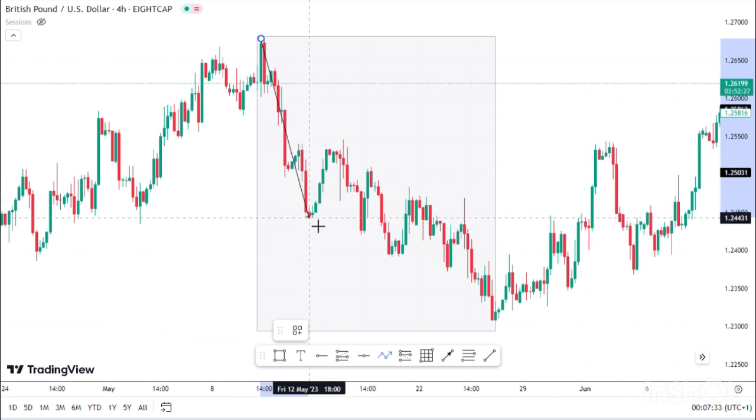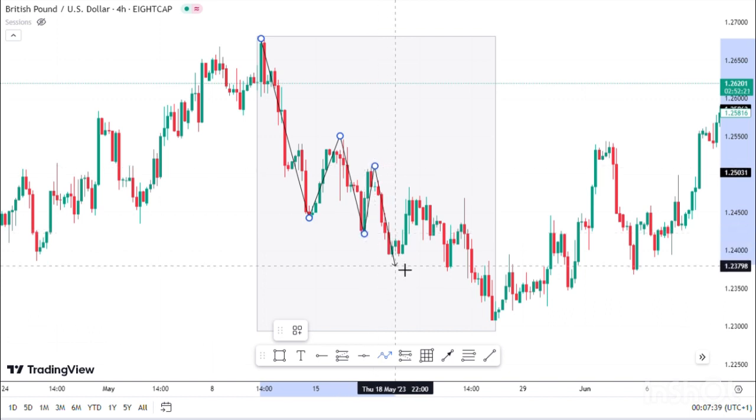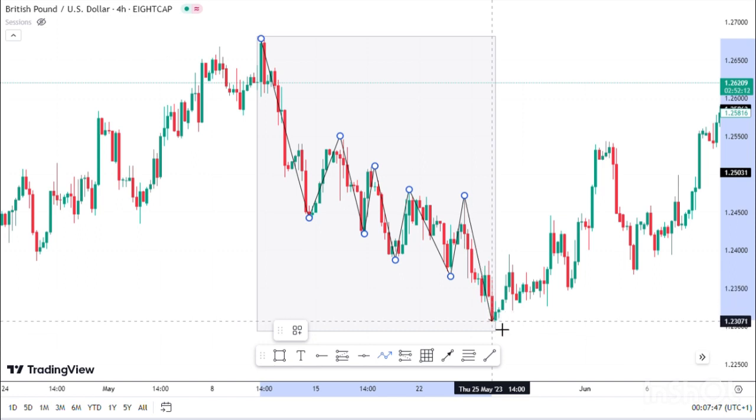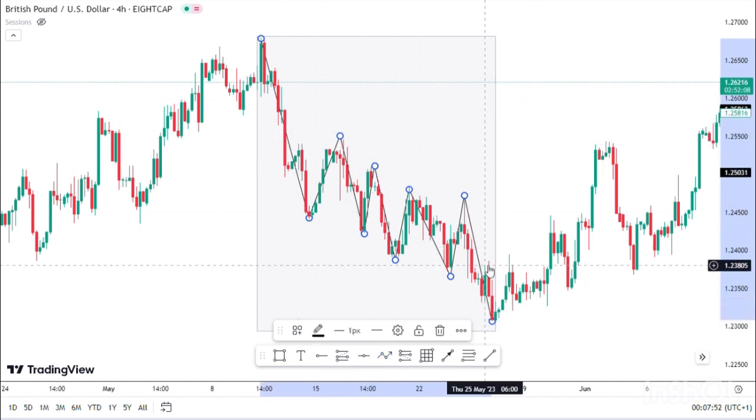Then we have swing low here, then swing high here, then another swing low, another swing high, another swing low, another swing high, another swing low, another swing high, then another swing low. So this moment right now is market structure in bearish condition. Every single time price is coming down, we discussed this in our first video, under expansion and retracement. So right now we are going into the pro aspect.